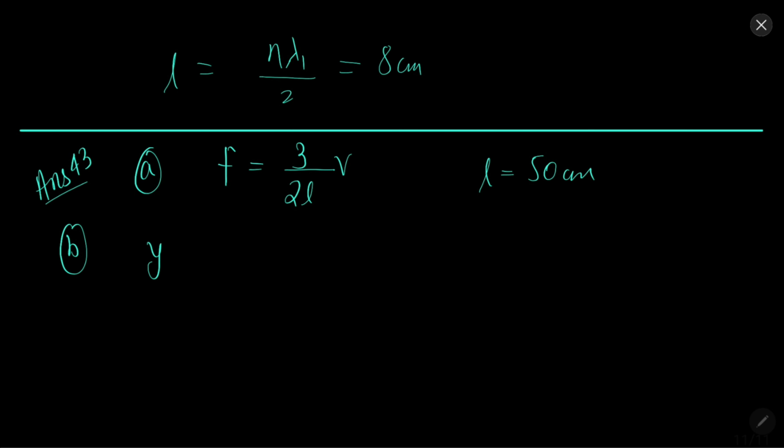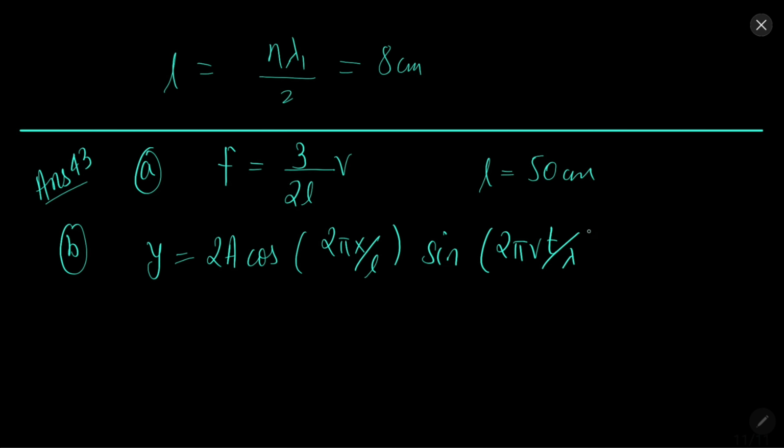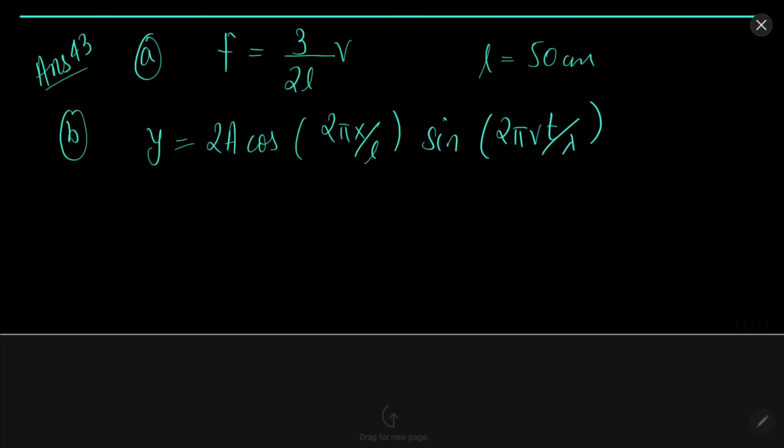B part, y equal to 2a cos 2 pi x over L and sine 2 pi Vt over lambda.